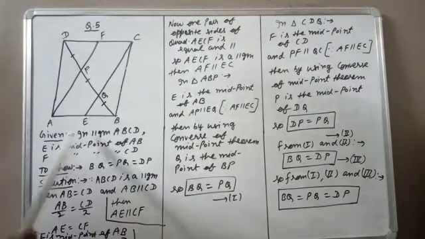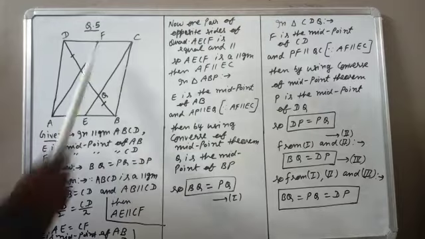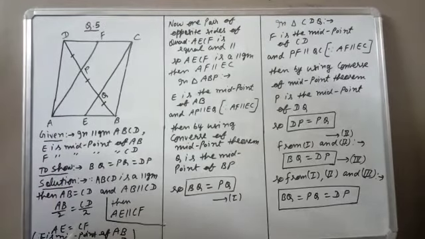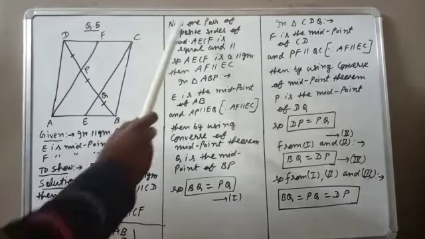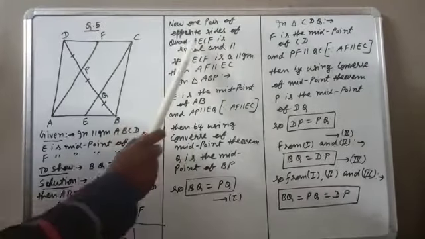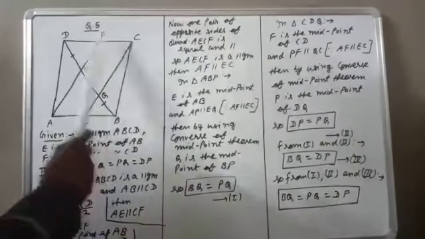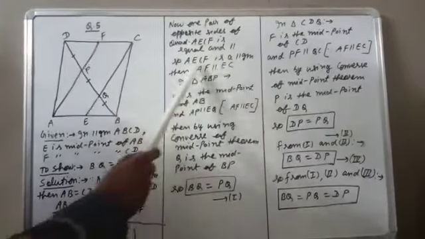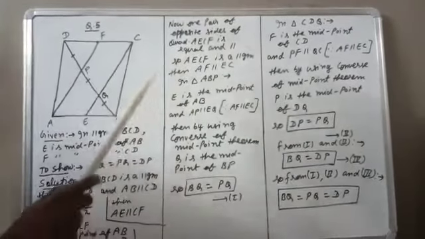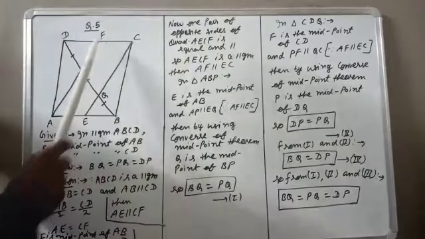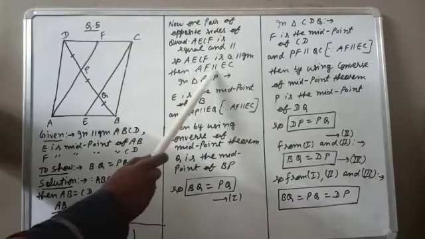When AB and CD are parallel, AE and CF are also parallel. So one pair of opposite sides of quadrilateral AECF is equal and parallel. So AECF is a parallelogram. When AECF is a parallelogram, AF and EC are also parallel.